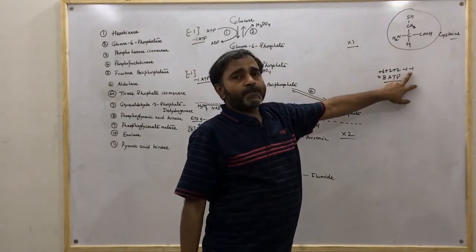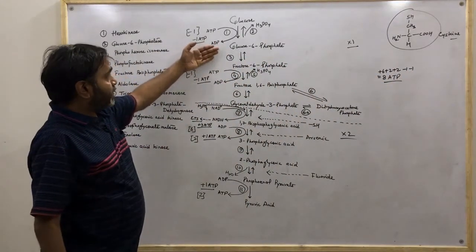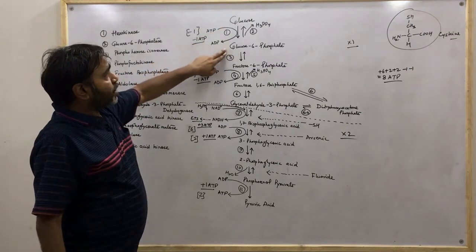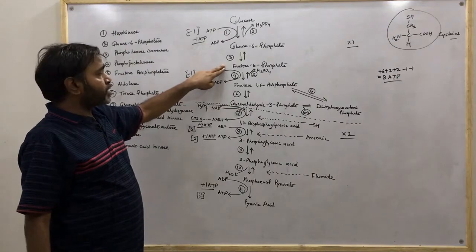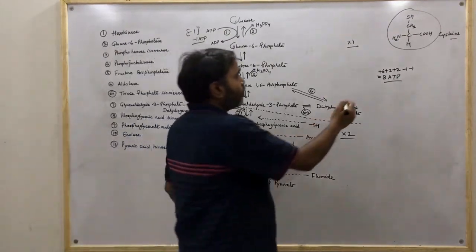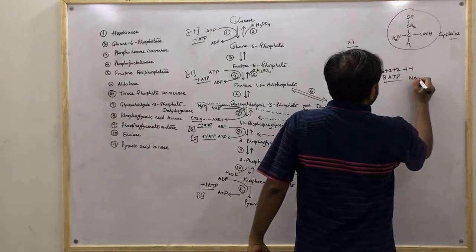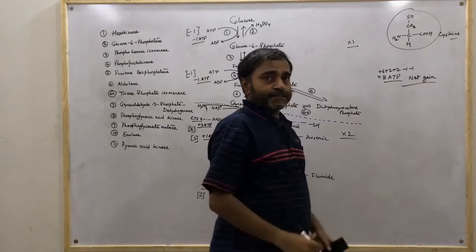Why? Because 2 ATP molecules will get consumed in these steps, that is in the conversion of glucose to glucose 6-phosphate and in the conversion of fructose 6-phosphate to fructose 1,6-bisphosphate. Therefore, we will obtain 8 ATP as net gain in case of glycolysis.